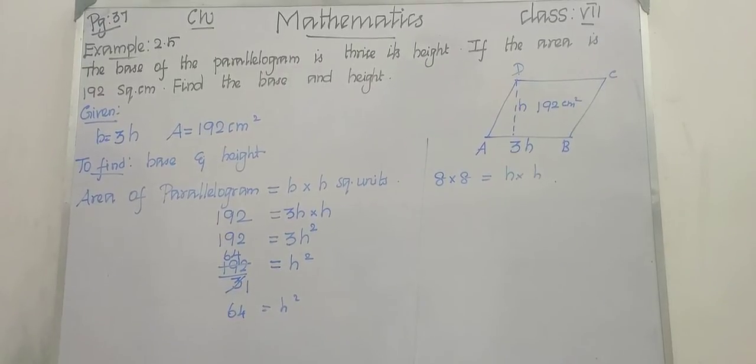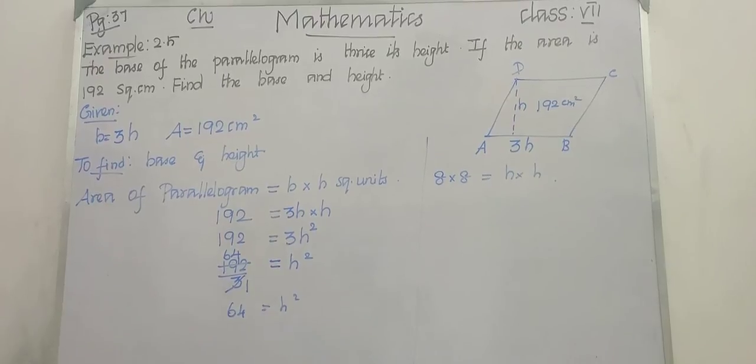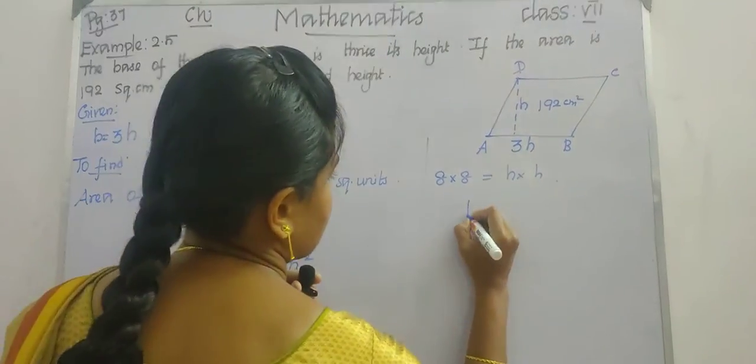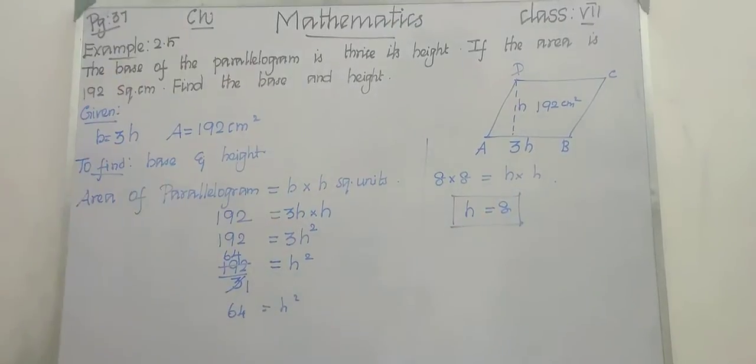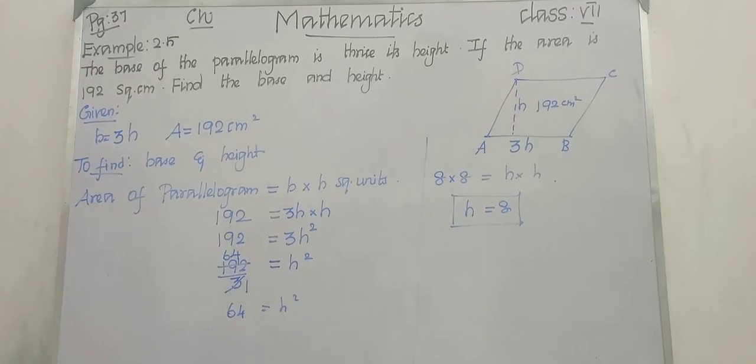Here H squared is there, so we can write H into H. So what is the answer for H? H equal to 8. Is it clear, children? Very easy, right? So the answer: height equal to 8 centimeter.